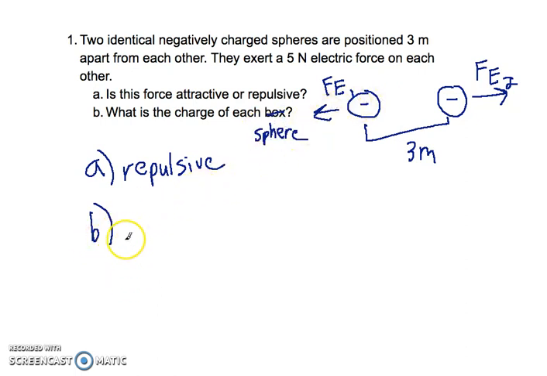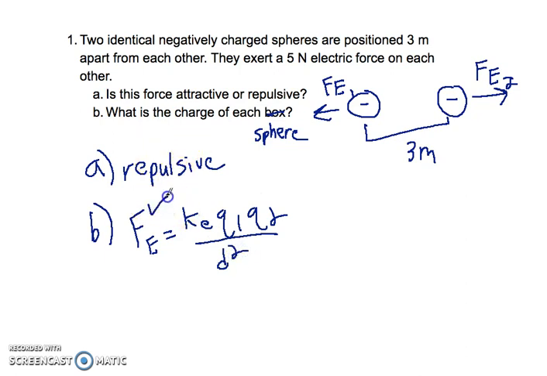So we got to calculate this. If we want to deal with force and relating force to charge, we're going to look at Coulomb's law. So we got Fe equals Ke Q1 Q2 over the distance between them squared. So what do we know? We know the force between them, and it's going to be the same. We know the Coulomb's constant, that's always the same.